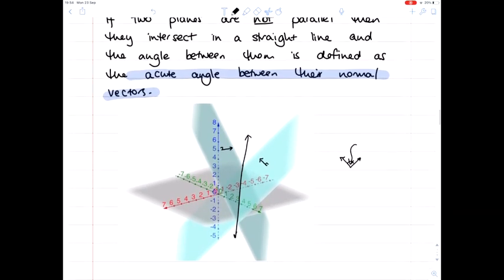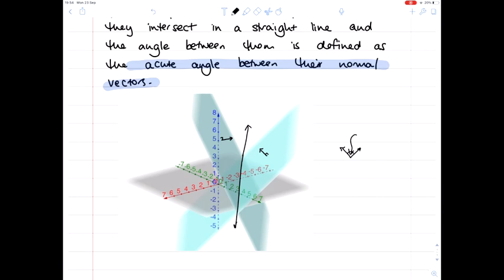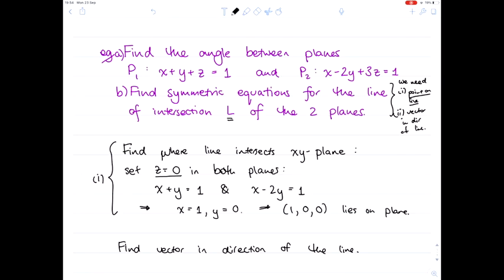If we think about two planes that are intersecting and the line that is their intersection, since our line lies in both planes, it must be perpendicular to both of the normal vectors, because any vector that lies on the plane is perpendicular to the normal vector. This line lies on both planes, so it must be perpendicular to both normal vectors, which we've sketched here and here. So we can use that.